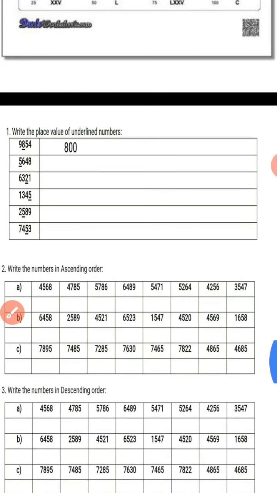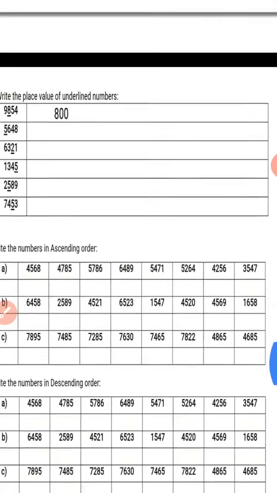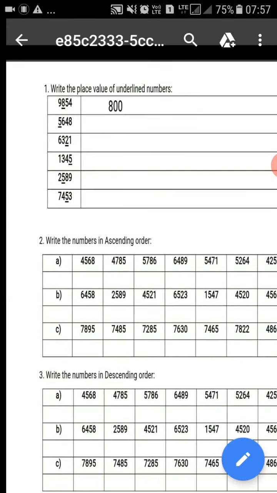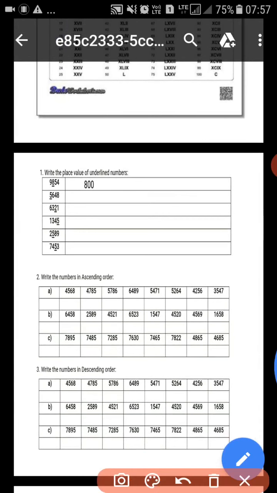Then next, write the numbers in ascending order. In ascending order, numbers are arranged from smallest to greatest. Firstly, we will write the smallest number, then the second smallest, then the third smallest. Lastly, we will write the greatest number. Okay, so firstly, we will see the first digit of all these numbers.